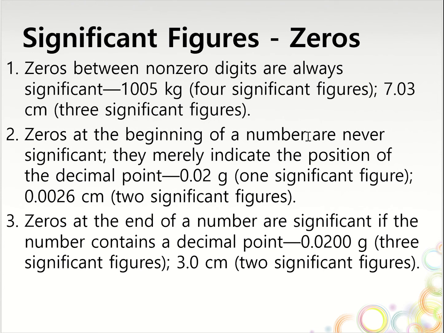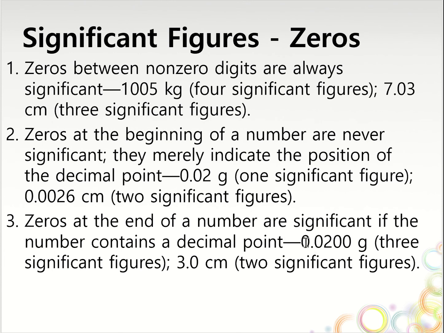The third rule is that zeros at the end of a number are significant if the number contains a decimal point, right? So once you have a decimal point, then the zeros that occur at the end of a number are significant.